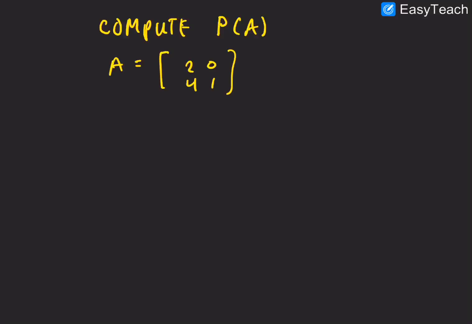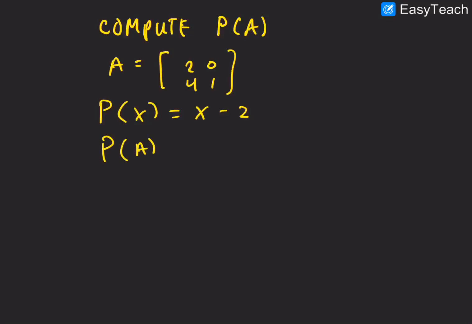Okay, one more fun one. You have to compute P of A when A is equal to 2, 0, 4, 1. Alright, so your P of X is equal to X minus 2.